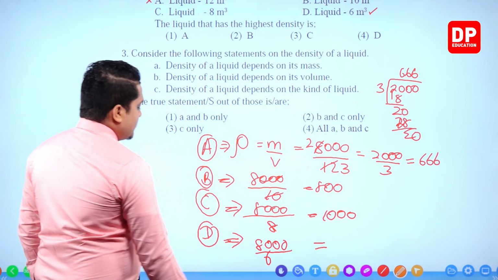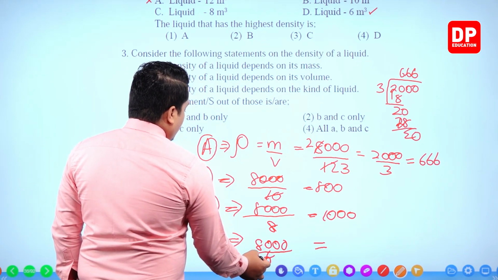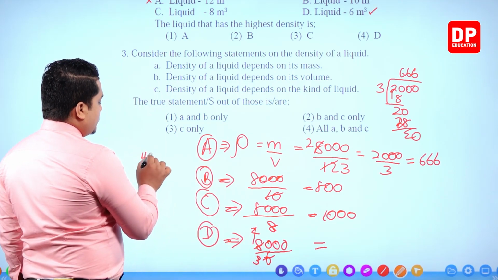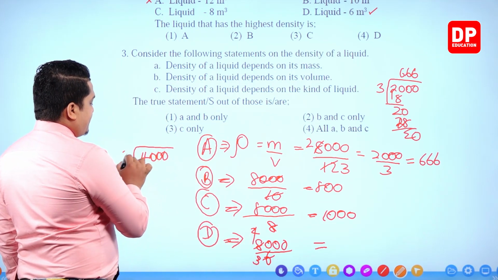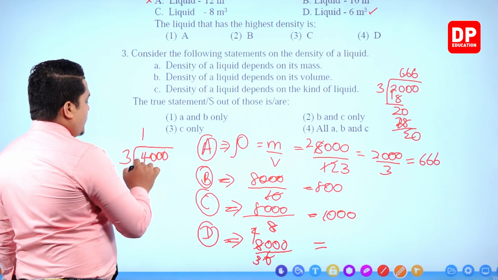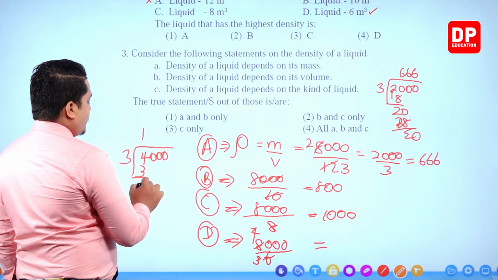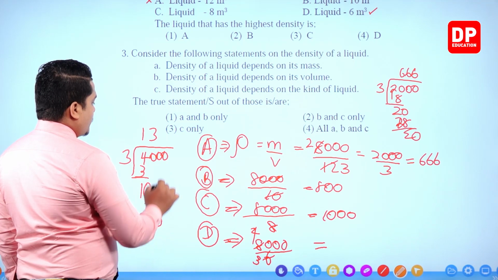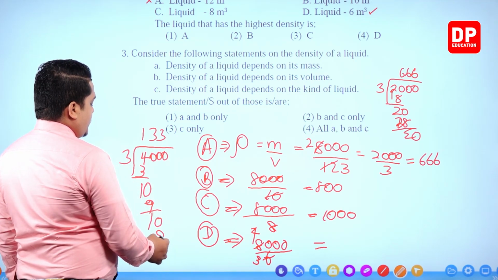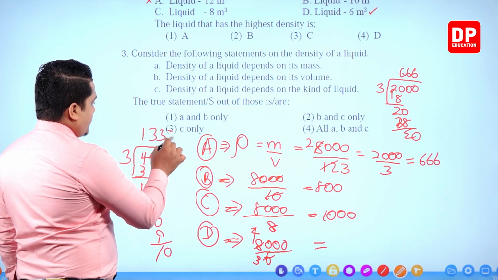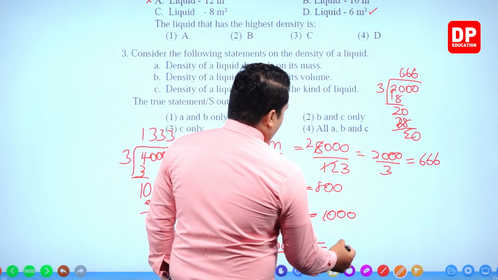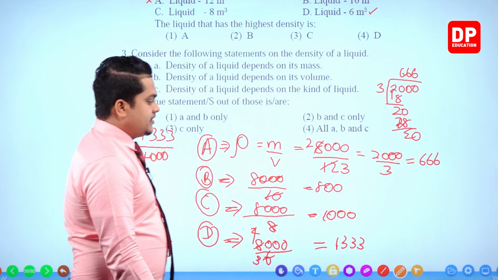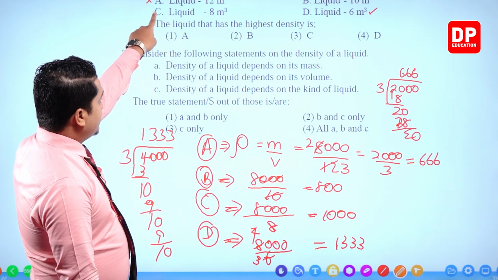So 4,000 over 3, which gives 1,333. See, I think mine is correct, right?